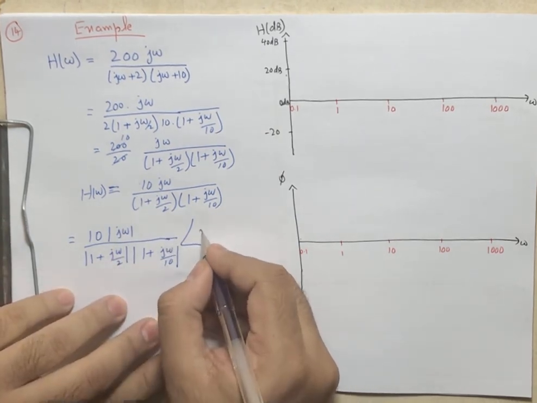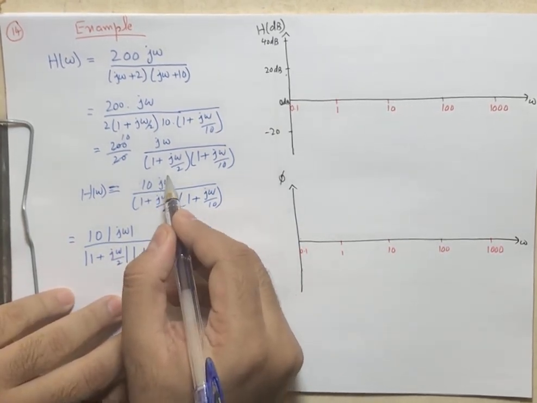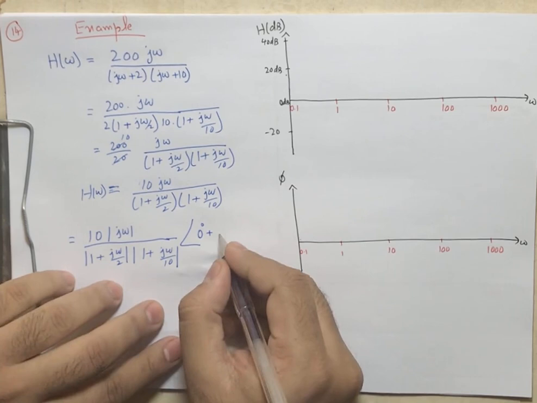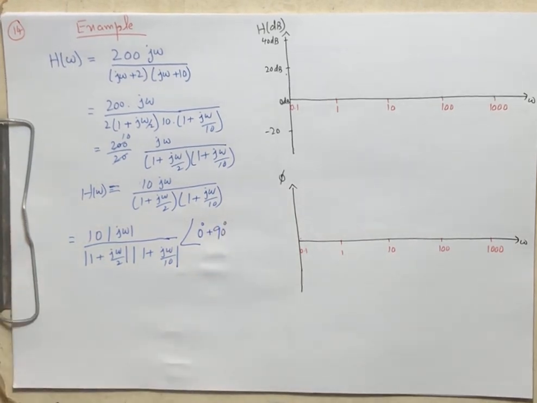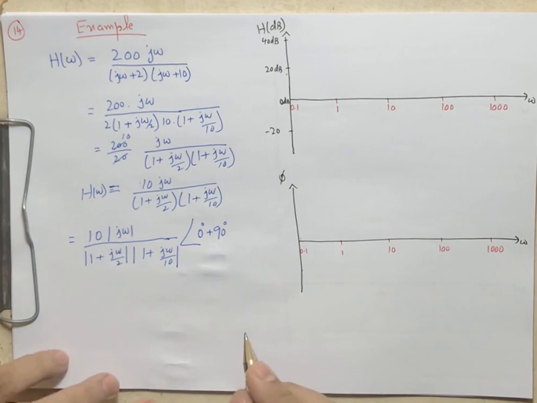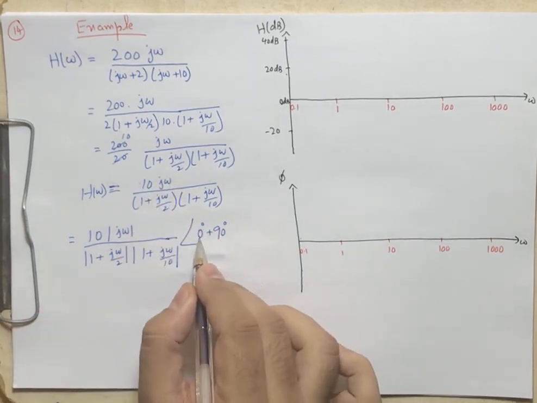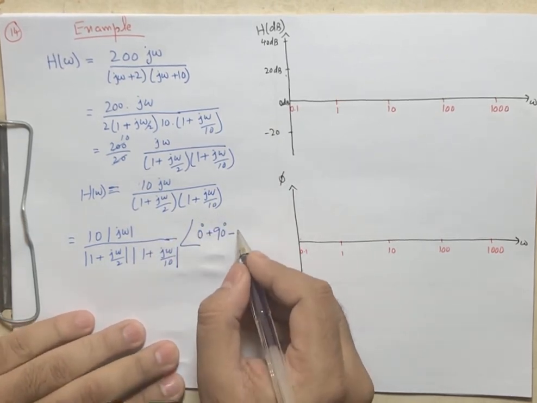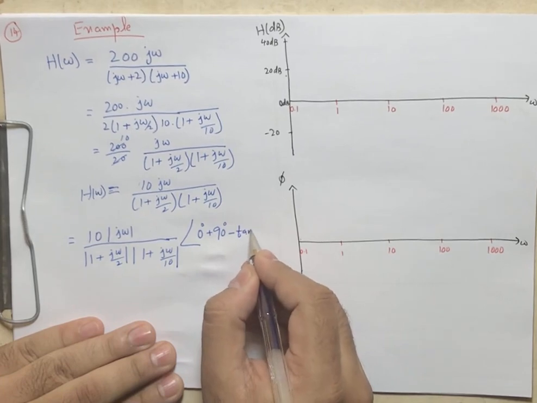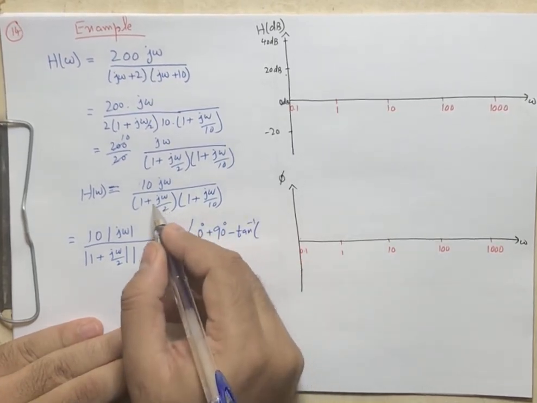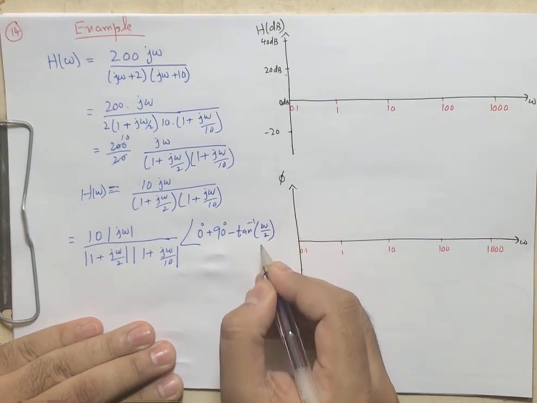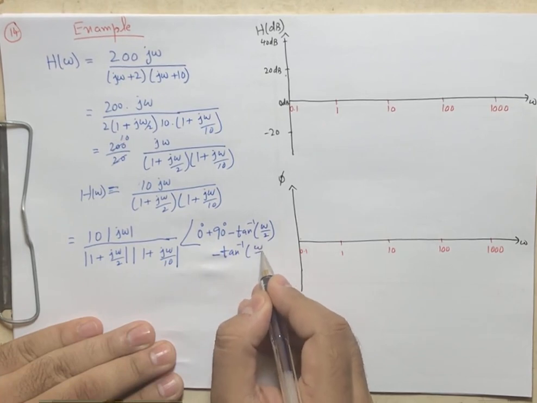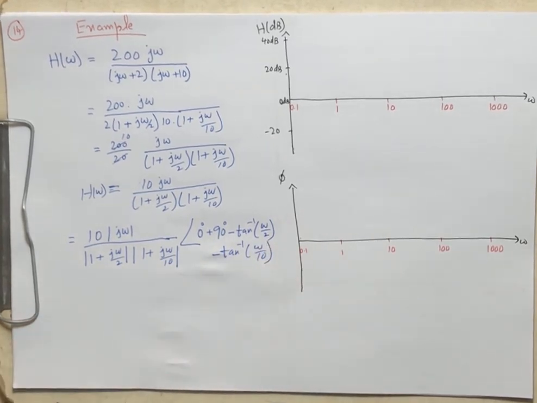So basically 0 degrees plus, what is the phase angle of the zero at origin? It will always be positive 90 degrees for all the values of omega. These two are the phases of the numerator, minus the phases of the denominator, which will be minus tan inverse of imaginary over real, so it will be omega by 2, and again minus tan inverse of omega by 10. So this is the phase.